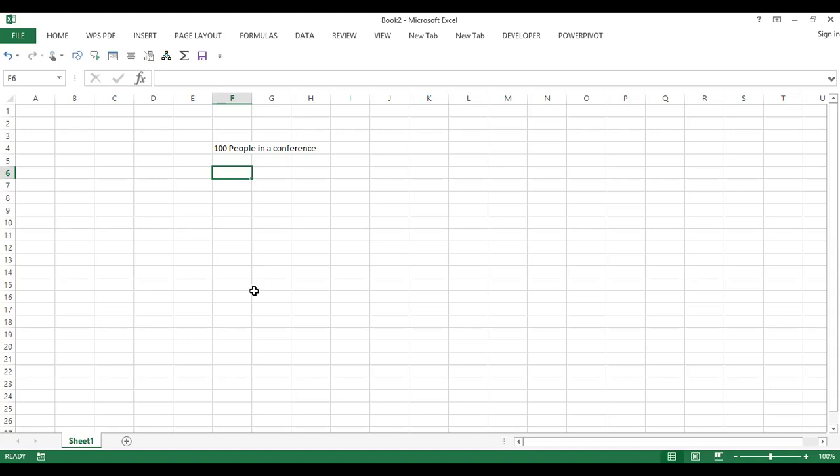How would you do that? Let's assume that they all have seat numbers.